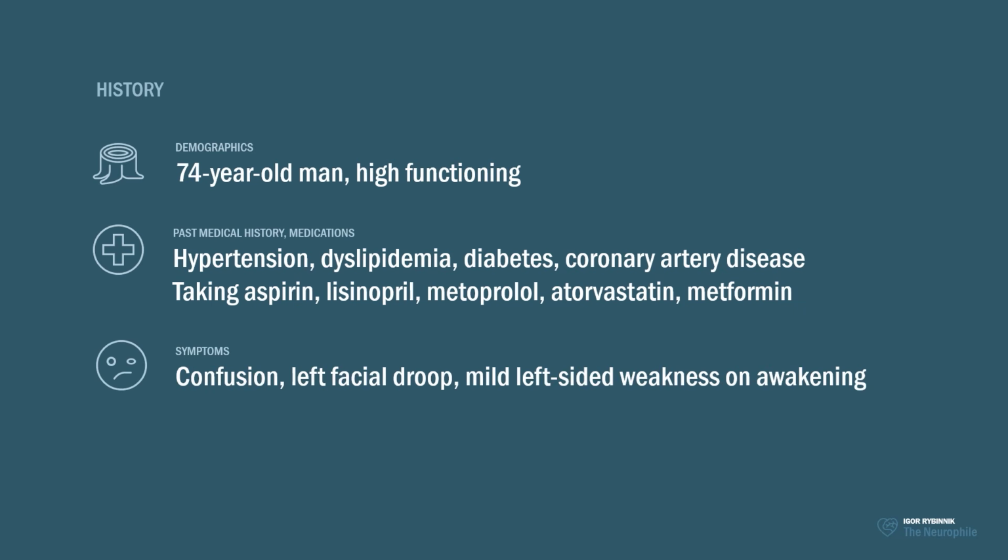He develops acute confusion, left facial droop, and left-sided weakness. Our patient went to bed without these deficits, and all these deficits were noted on awakening 7 hours later. His family called the emergency medical services, and the patient is brought to the emergency department.